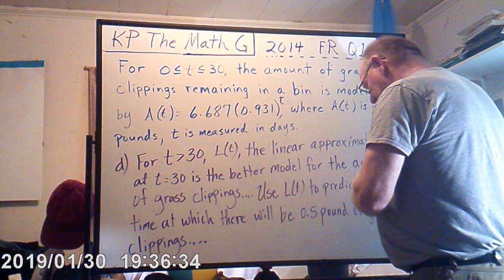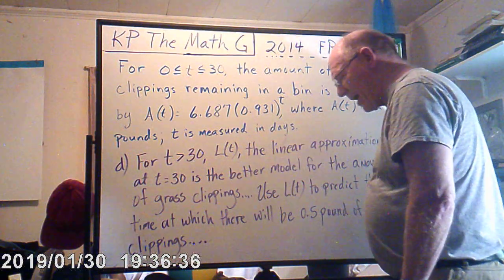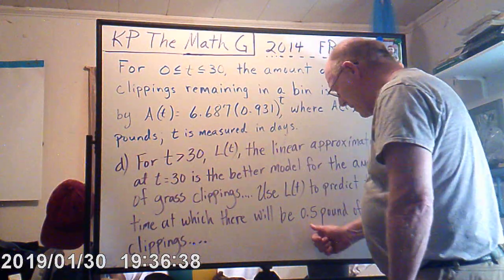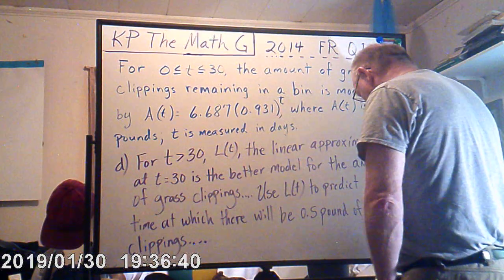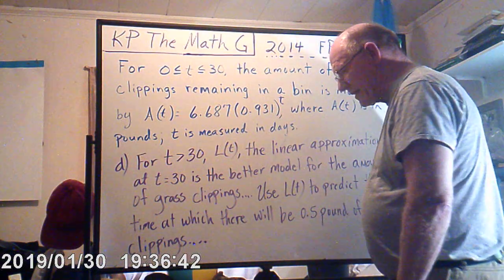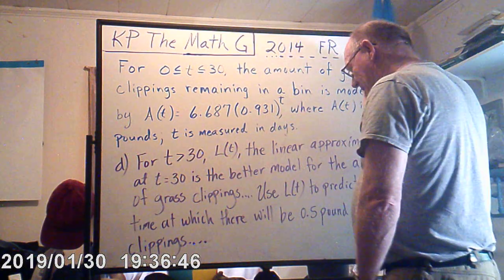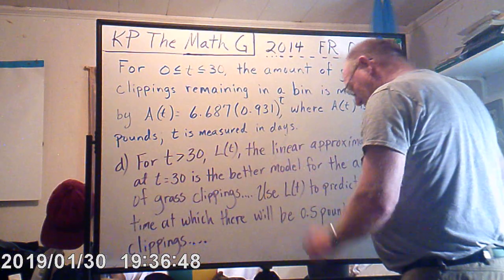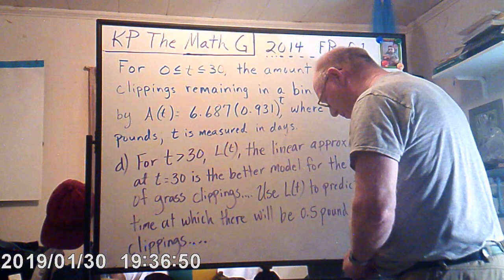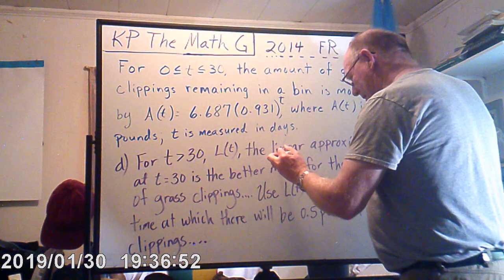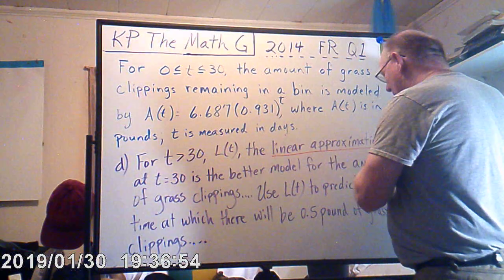So use L(t) to predict the time at which there will be 0.5 pounds of grass clippings in the bin. Keep in mind this is a linear approximation.